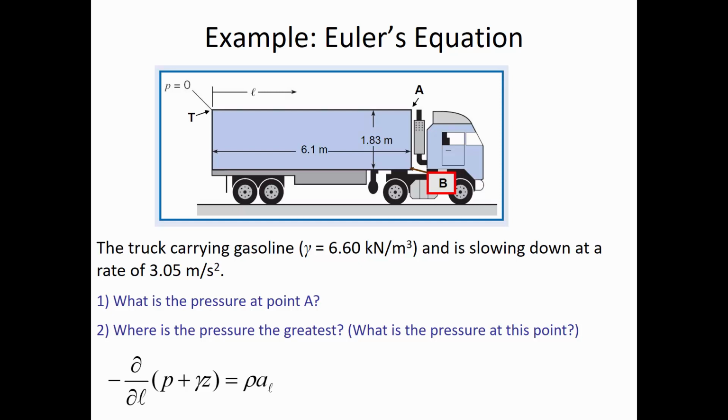Now I'm doing this in the x direction because that's the direction that we have the external acceleration. Okay, so this means the pressure at B plus gamma ZB minus the pressure at T minus gamma ZT is equal to negative delta x density acceleration in x.